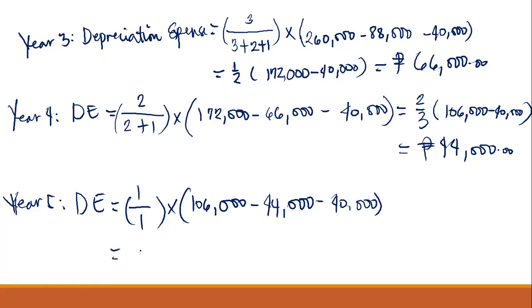So this is now equal to 22,000 pesos. All right. So the organization can opt for one or more methods of depreciation according to its accounting policy, business type, or strategic approach and the asset type. Those are the different types of depreciation methods.